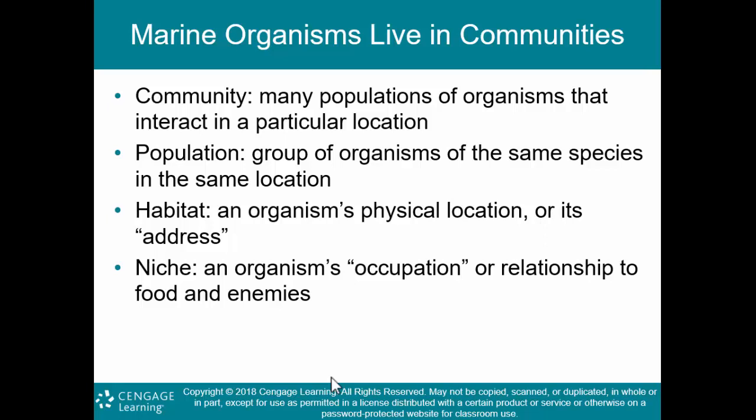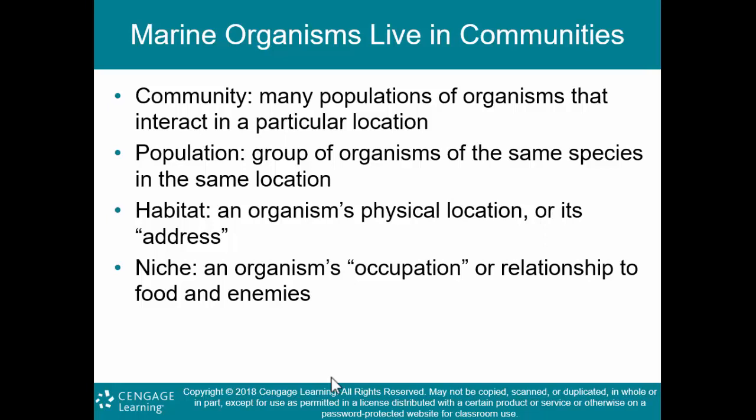So marine organisms live in communities. A community is many particular populations of organisms that interact in that particular location. A population is a group of organisms of the same species in that same location. A habitat is an organism's physical location. Sometimes we think of it as an address.